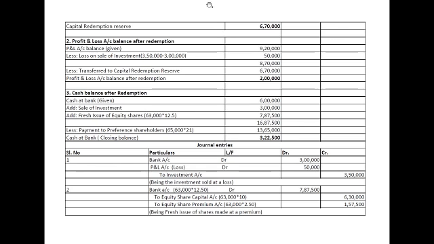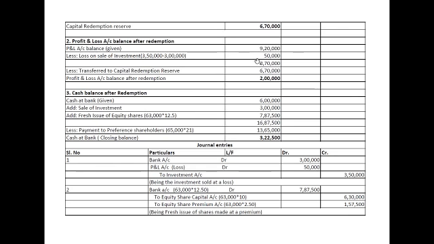Next, we have to know the profit and loss account balance after the redemption. Here only one balance is available in the company's fund, so you have to see the position of profit and loss account balance after the redemption. The profit and loss account before the redemption is 9,20,000. From that, we have to deduct 50,000 because there is a loss on sale of investment that I already explained: 3,50,000 is the book value, 3 lakh is the sale value.